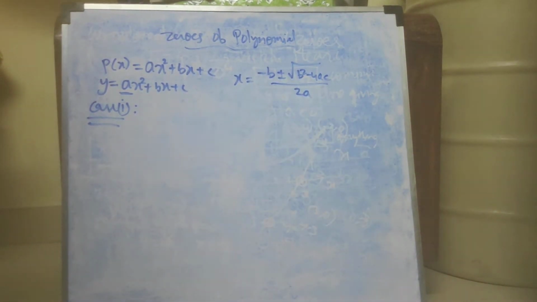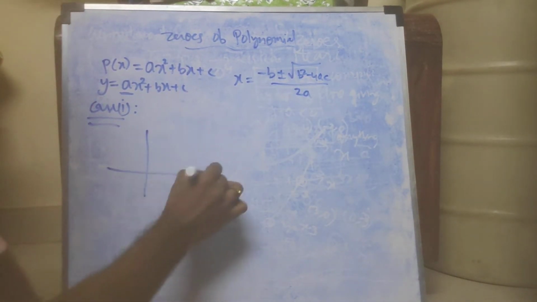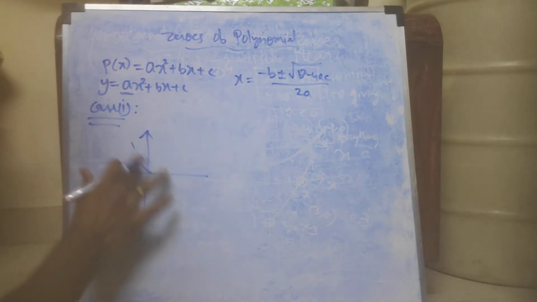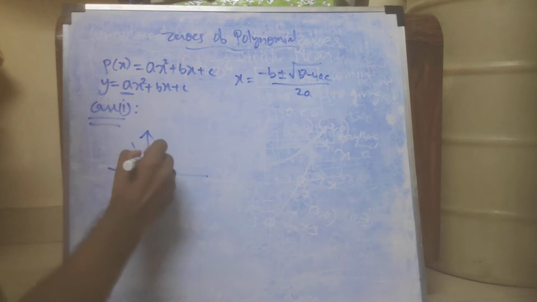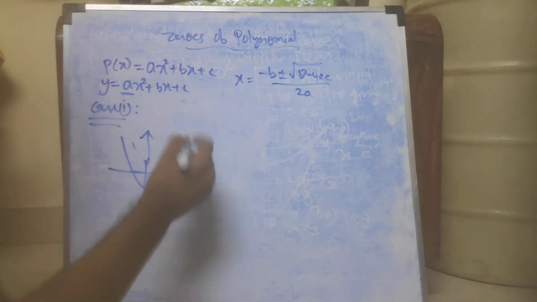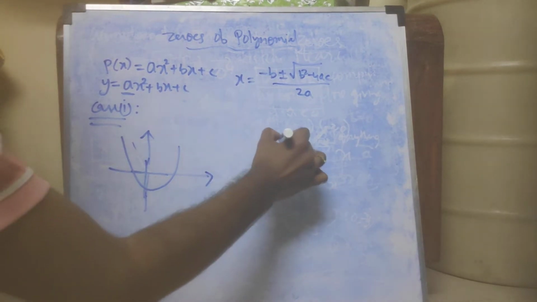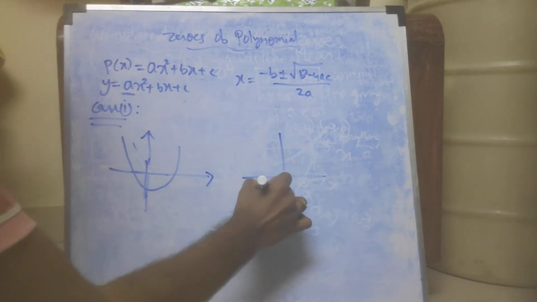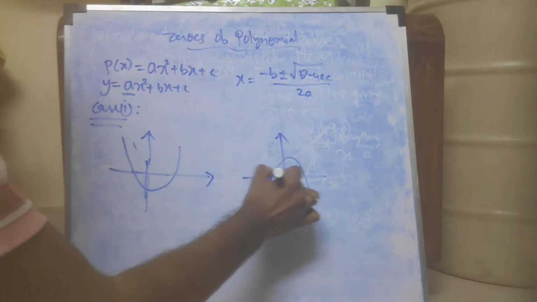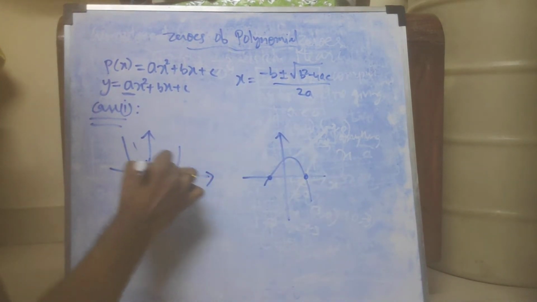In these two cases, three cases arise. Case 1 is when the quadratic polynomial touches two different points on the x-axis. These points are the zeros.